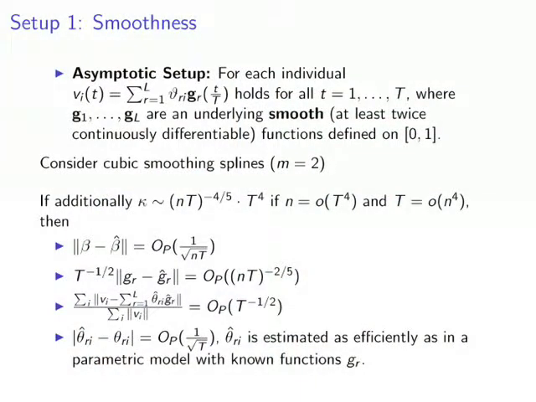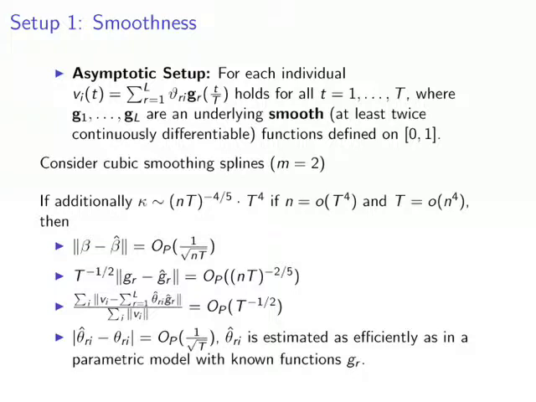These are some of the asymptotic results we obtain. We have cubic spline functions, and we choose the smoothing parameter as something like nt to the minus 4/5. You see how this depends on the number n and the number of periods. Then we get something like this for the rate of convergence of beta minus beta hat. For example, the rate of convergence for the g depends on nt to the minus 2/5.